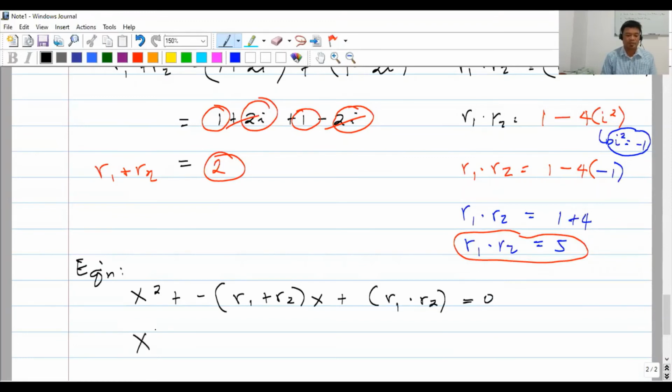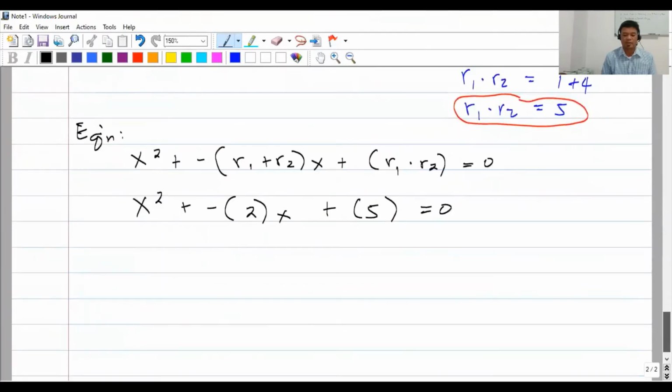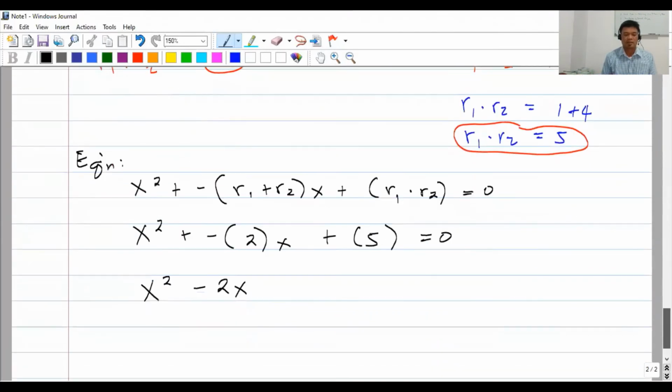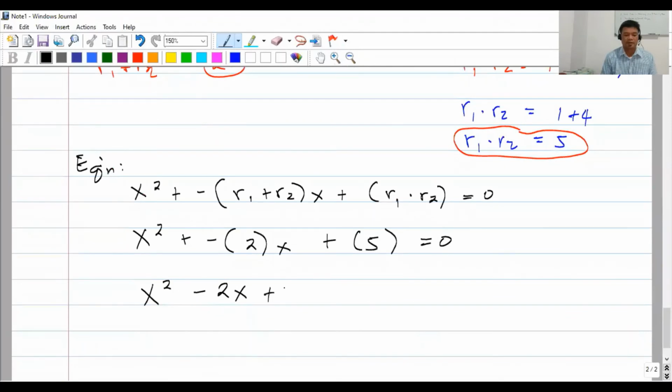So we have x squared minus 2x plus the product of roots, which is 5, equals 0. Simplifying, x squared minus 2x plus 5 is equal to 0.